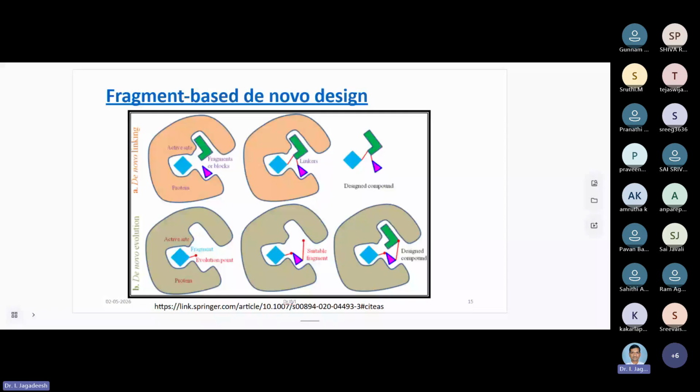So are you able to see anything on the screen? Anybody unmute and say? Yes, sir.